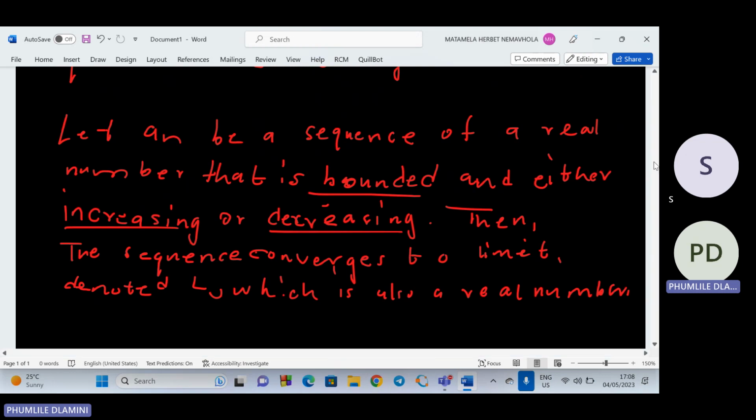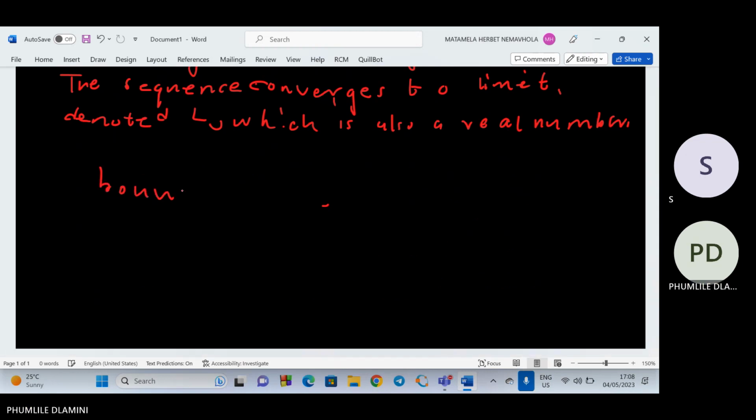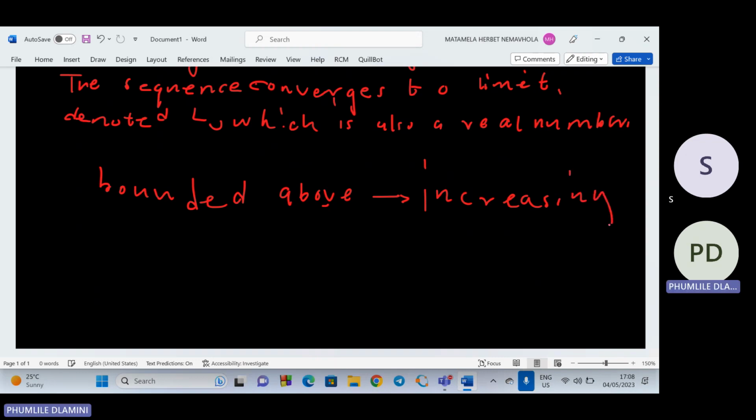So the sequence we are going to work with is either bounded above, which means the sequence is going to be increasing, or bounded below, which means it is going to be a decreasing sequence.